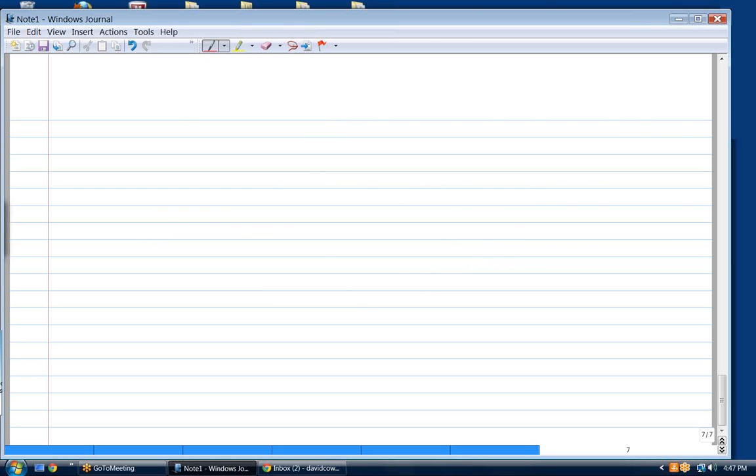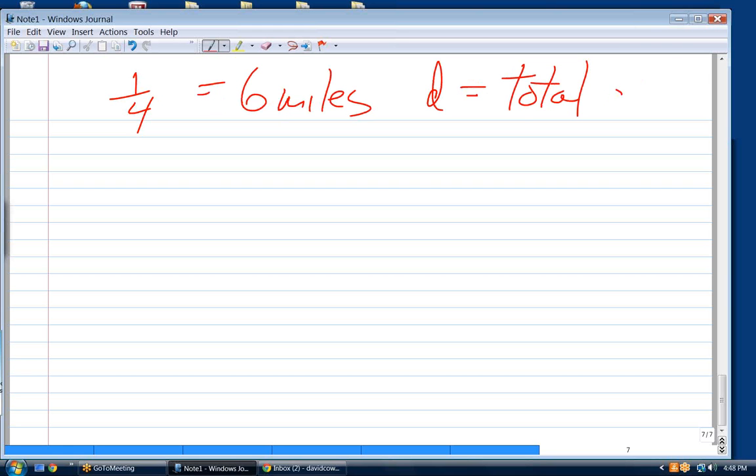You have completed 1/4 of a bike race. Write and solve an equation to find the total distance D of the race if you have already biked 6 miles. 6 miles? Yes. Okay. What equation can I write?